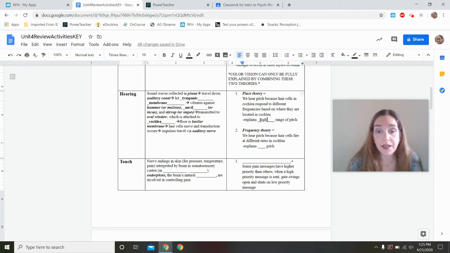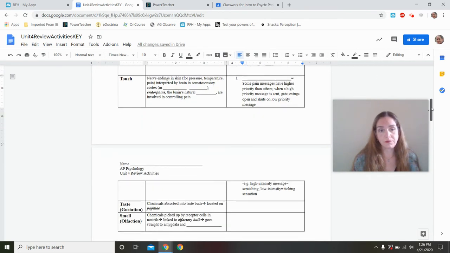The frequency theory says that pitch results because of hair cells firing at different rates in the cochlea and the auditory nerve. The rate at which the cells are firing is different, not the location of them. And this explains low pitch.